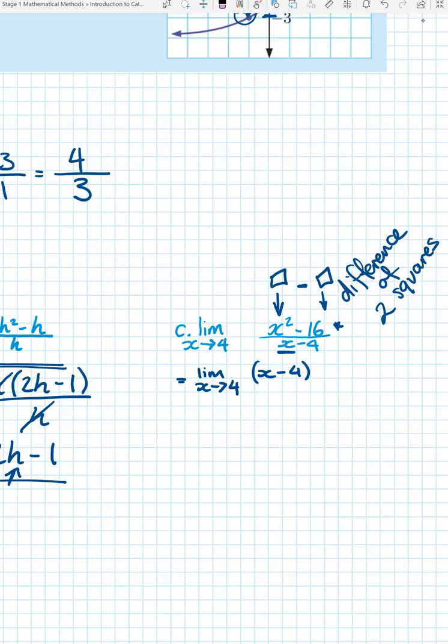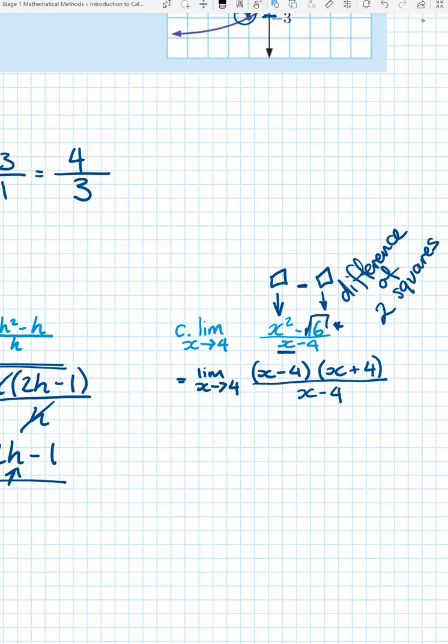Now that says where we have x squared minus another square number, when we factorize, we get x take the square root of this number, and then x plus the square root of that number. So put that over x minus 4.